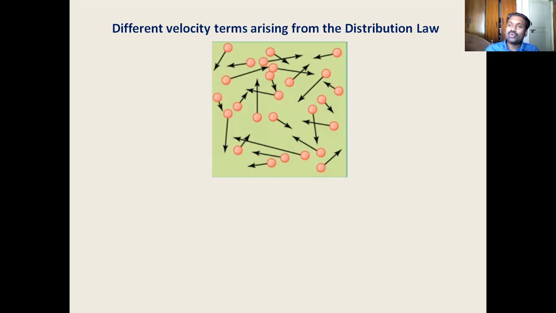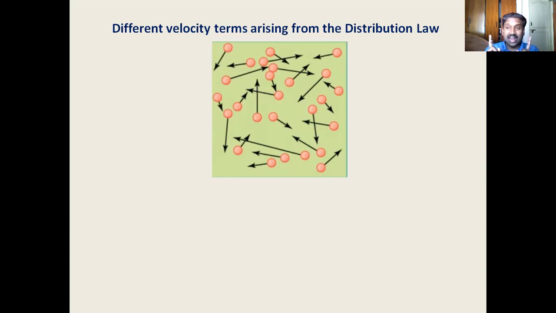What's the square of plus 2? 4. So if the velocities are v and minus v, instead of taking the direct average, you take the average of these squares. v square plus minus v square gives 2v square, divided by 2. So 2 cancels. The mean comes to v square.